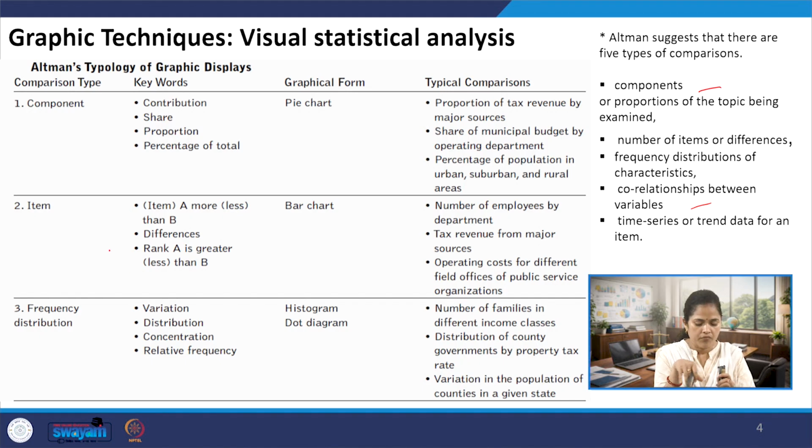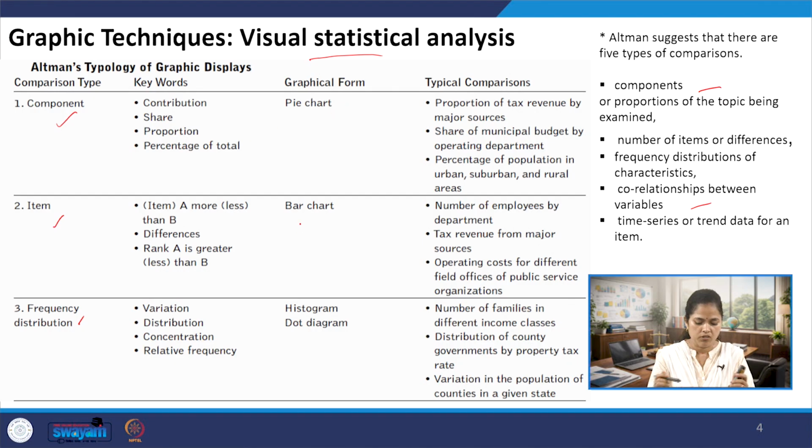All these are summarized in this table: how the comparisons can be taken for components, item wise, frequency distribution, correlation, and time series analysis, by using different visual statistics. So for components, we can take into account graphical forms like the pie chart.